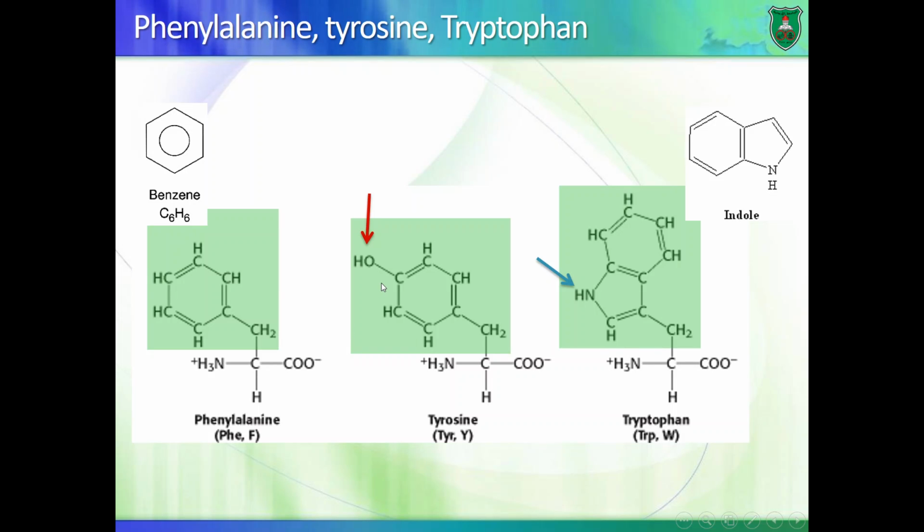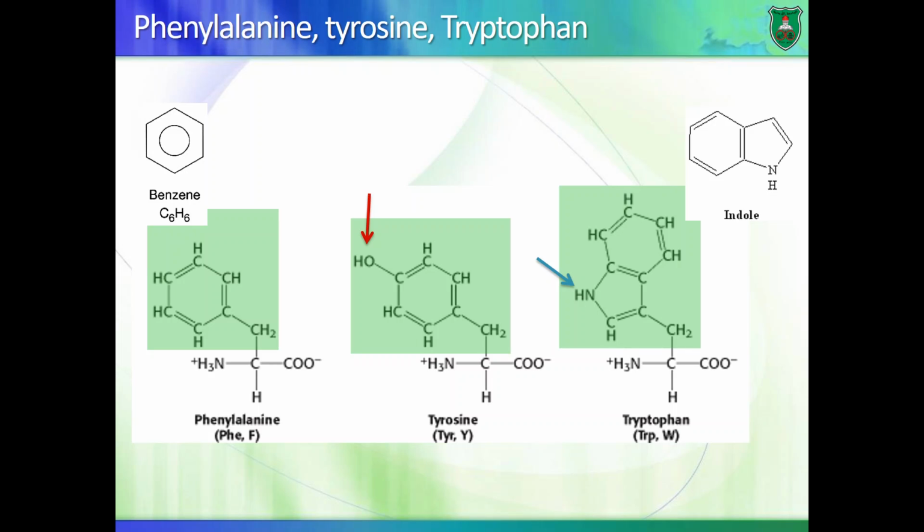Now you can have a replacement of this hydrogen by a hydroxyl group, creating another amino acid known as tyrosine. The abbreviation is Tyr. Now tyrosine is an important amino acid because first, the hydroxyl group makes the amino acid a polar amino acid, and this hydroxyl group is important because it can be phosphorylated.